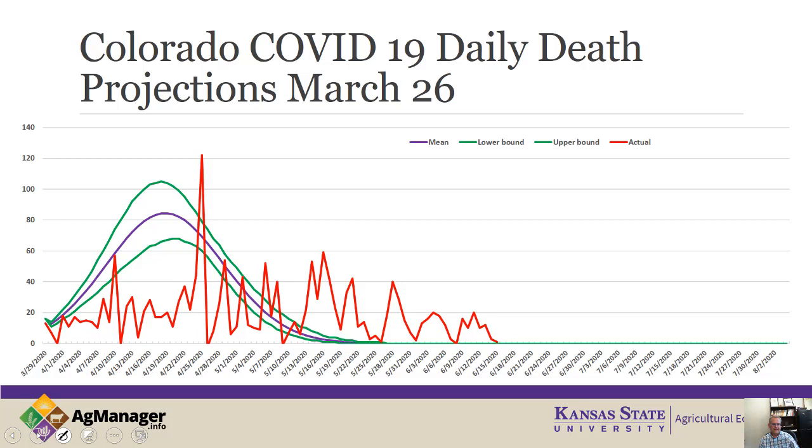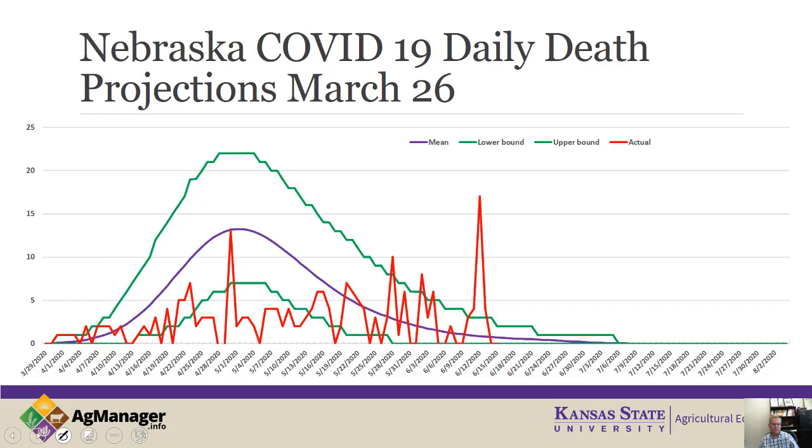Colorado, again, seems to have flattened out over the last couple weeks. First part of June, it seems that the fluctuation is between up to 20 deaths per day. In Nebraska, there was a spike here, although certainly there were some 0 reported deaths there.